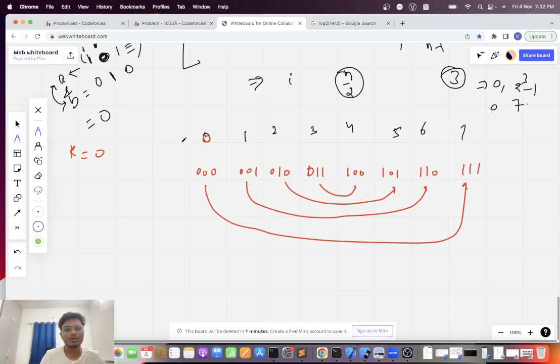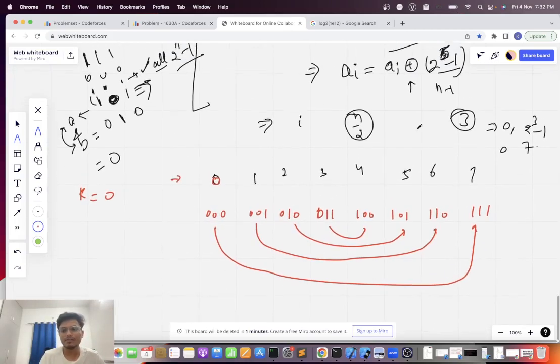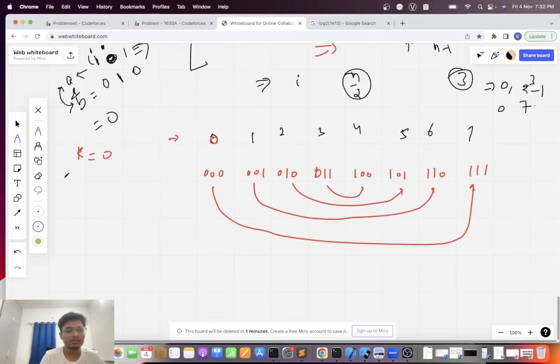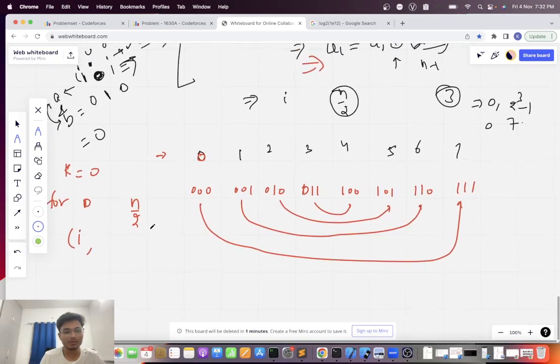If I use this algorithm, I'm running I from 0 to n by 2, and for this current I, the B will be, I will pair I with the XOR of it, that is I XOR n minus 1. N minus 1 is the last value having all bits set. Okay, so if k is equal to 0, I'm just outputting these, and the value of all these will be 0.